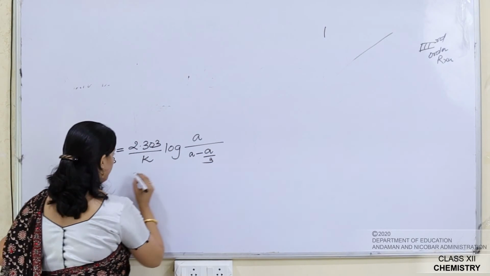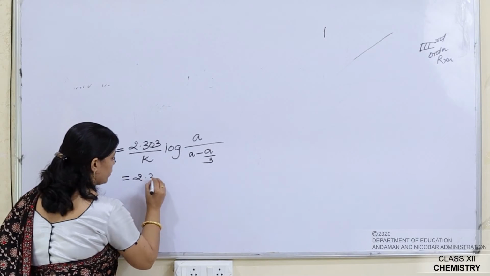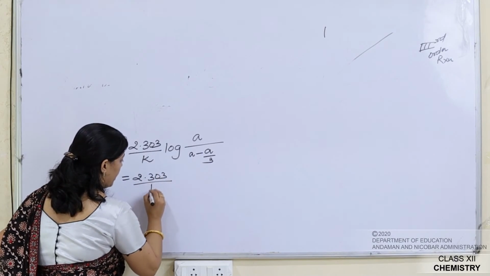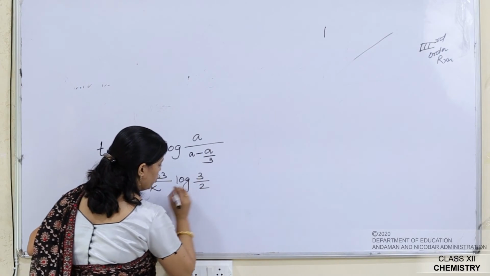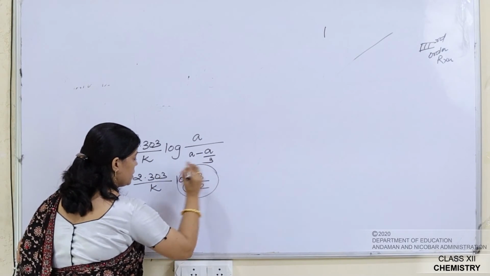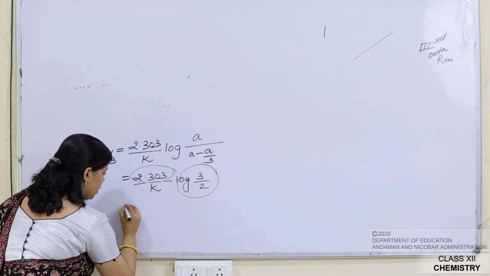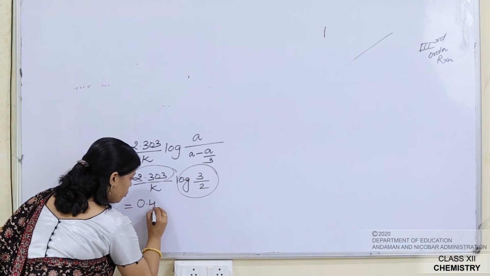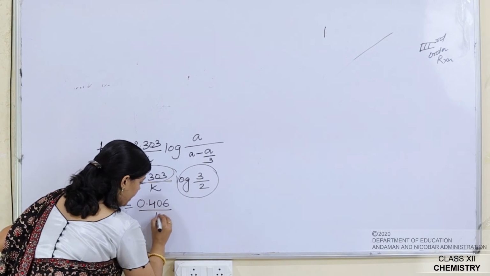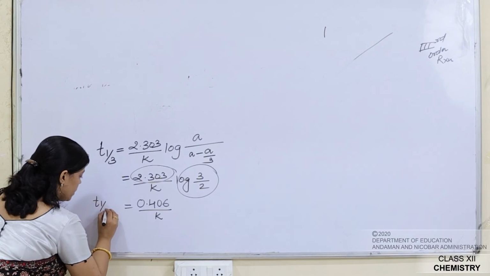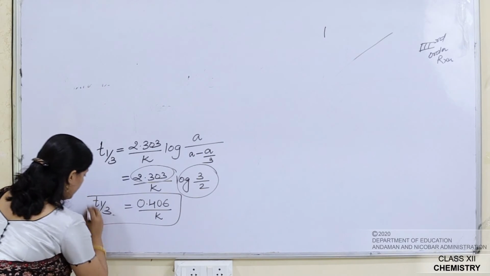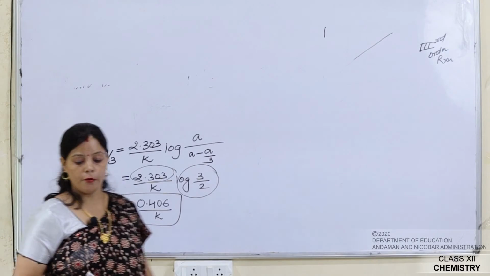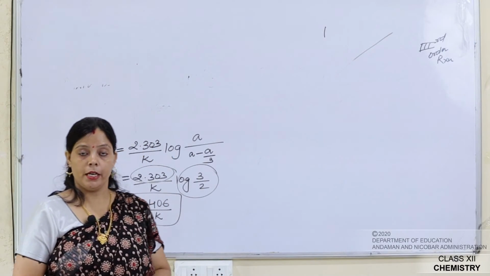After solving this, we got 2.303 by K log 3 by 2. Okay. And after calculating this, we got the result, that is 0.406 by K. Okay. So by using this equation, we can calculate the time required for the completion of 1 by third of the reaction.